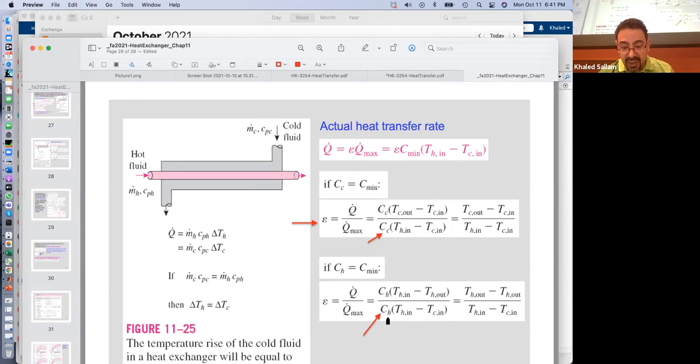If it's the hot, you can write it like this, and you can write it like this if it's the cold. See how he's using Q dot from the cold here, and here he's using the Q dot from the hot. The Q dot max could be either the cold or the hot, depending on which one is smaller. And so the formula for epsilon can become like this or like this.